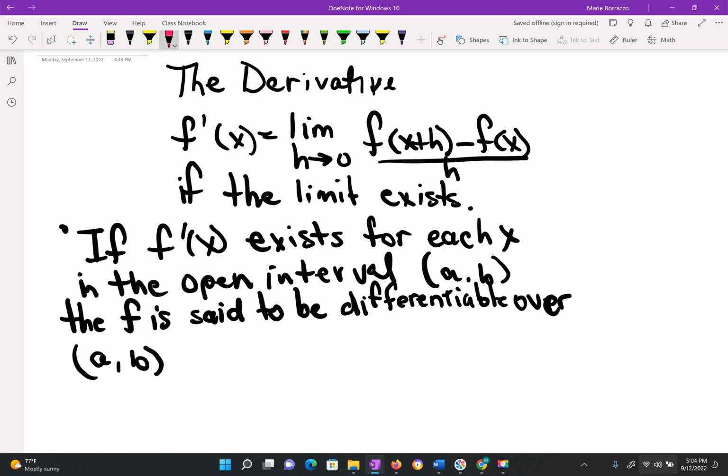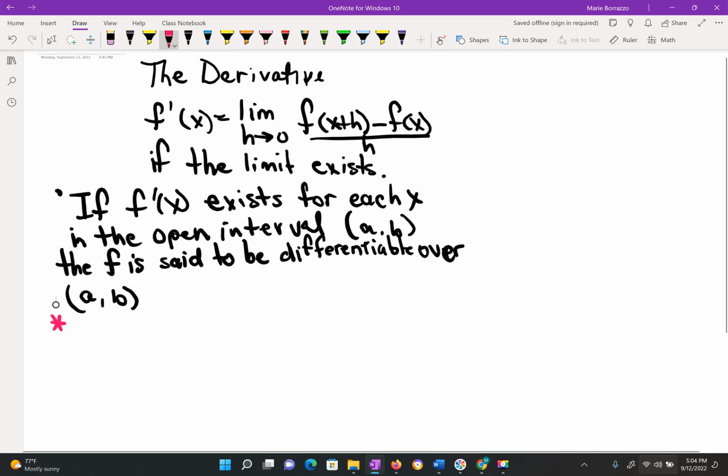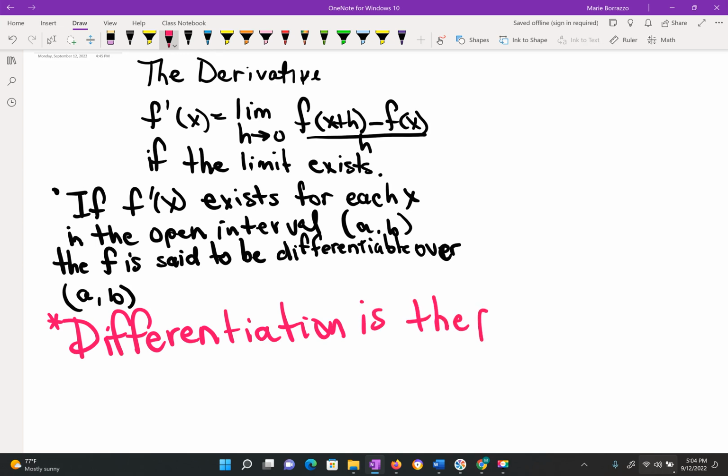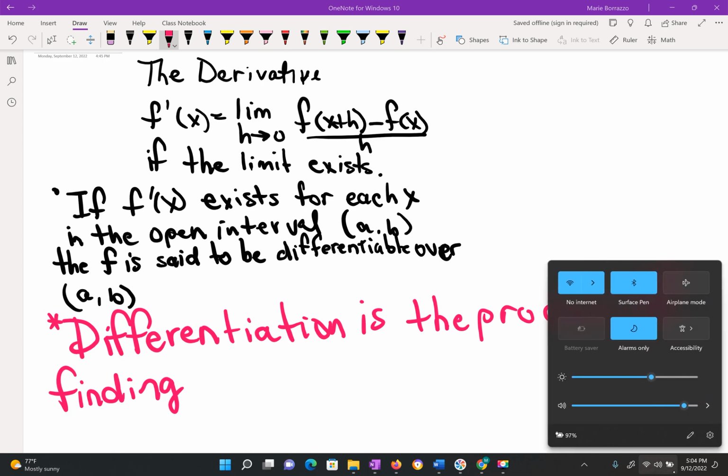So the process of finding the derivative is called differentiation. Let me write this down as a note, because you guys are not just learning math, you're learning a language. So differentiation is the process of finding the derivative of a function.